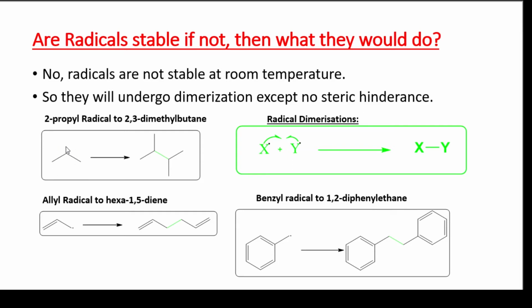So 2-propyl radical will combine with another 2-propyl radical, forming a new covalent bond, represented by this green bond. This is the new covalent bond. Similarly in allyl radical, this new green bond is a covalent bond. Similarly in benzyl radical, two benzyl radicals can also combine.